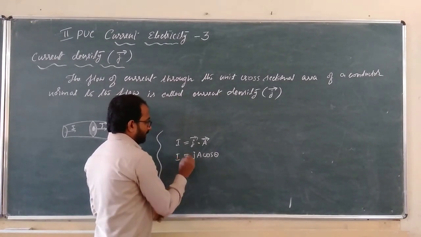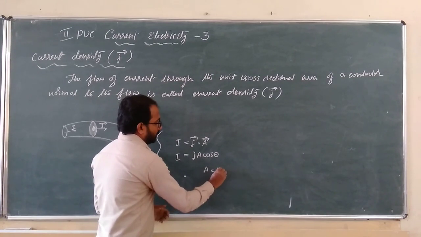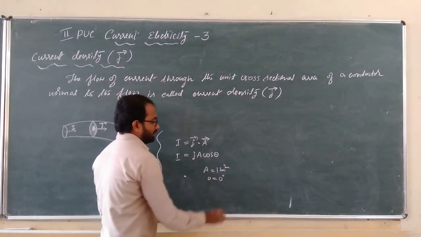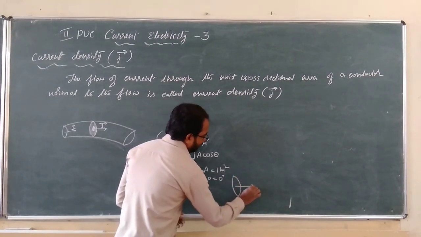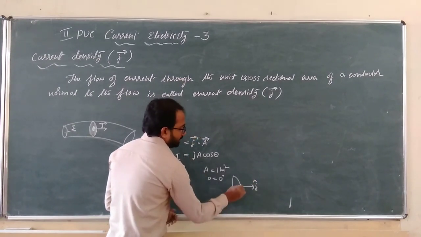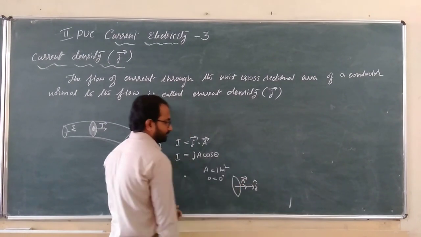So now if I want to define J, put A is equal to 1 meter square and theta is equal to 0 degree. Theta 0 degree means if this is the area of cross section, if this is the direction of current density, so this is the area vector, right?